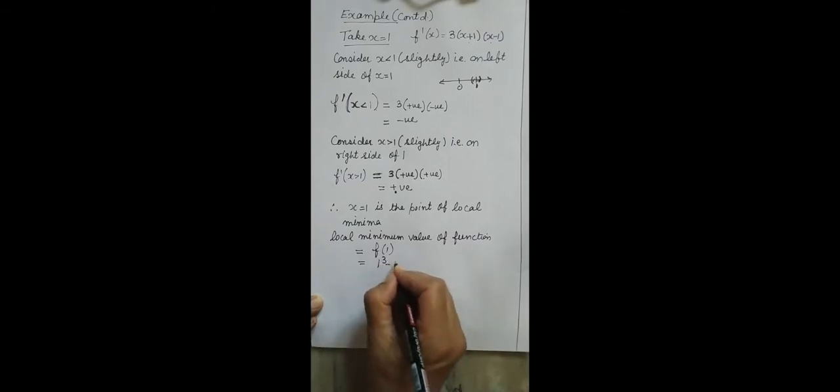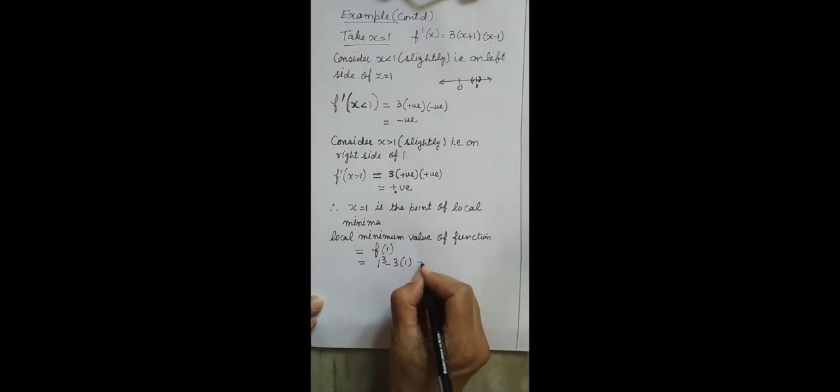It will be f(1). Substituting the value, it will be 1³ − 3(1) + 3, which is equal to 1 − 3 + 3, which is equal to 1. So this is my point of local minima and this is the minimum value.